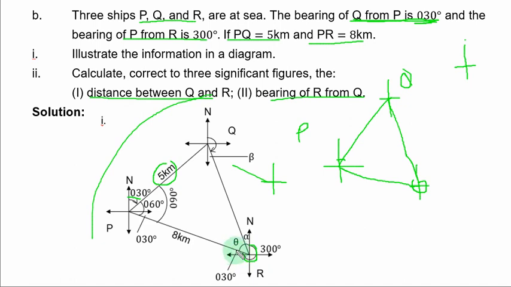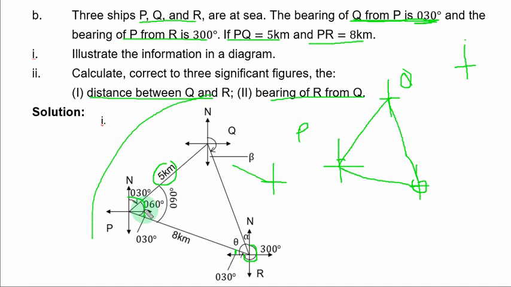Now from where you have west to the line that joins P and R, that angle is 30, that is 30 plus 270 is 300. So that place is 30 degrees. Automatically that angle is also equal to this angle, alternate angle. If from here to here is 30 and that quadrant is 90, the remaining part becomes 60.